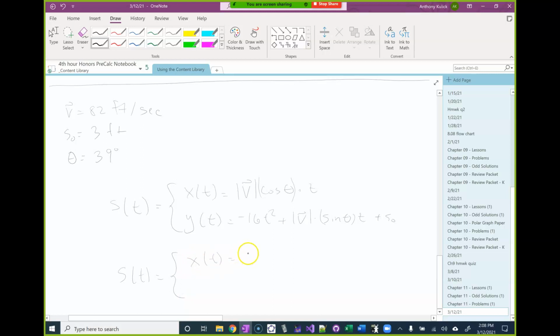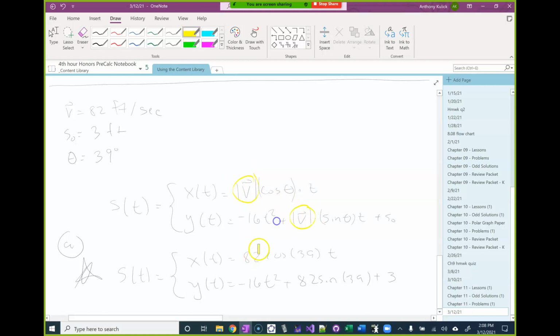So here, my initial velocity is 82. My theta is 39. And my initial height was 3. So there's my answer for the first part that it asks for, right? That's like part A for this question, Keaton. Yeah. So the velocity is the 82.